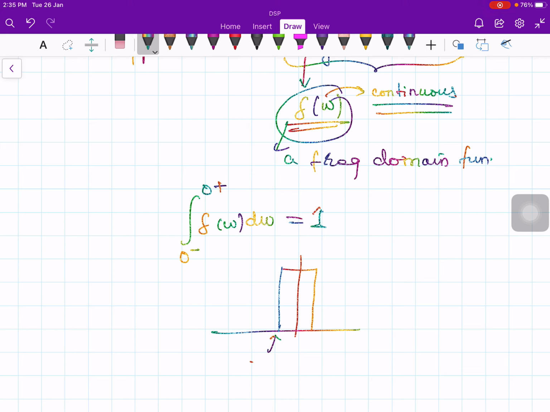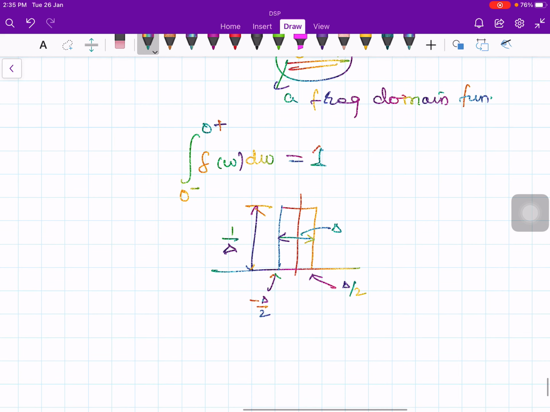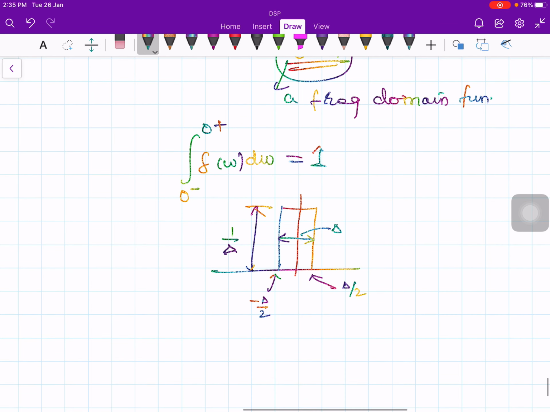This point is minus delta by 2 and this point is delta by 2, so the duration is delta and the height is 1 over delta. Okay, so the area under the pulse is unity, width is delta and height is 1 over delta, so this will always be equal to 1.